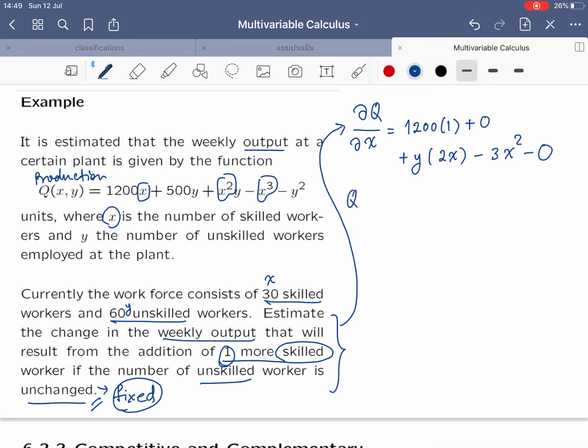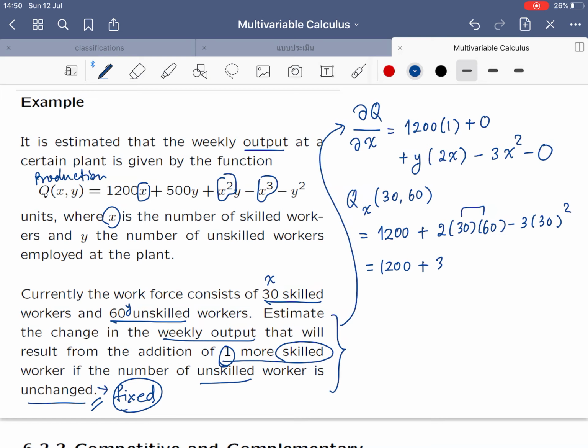So it means that if you want to find the derivative of the production with respect to x, where your x is 30, your y is 60, then you replace it over there. So your x is 30, your y is 60, this one is another 30 squared, so you have 1200.